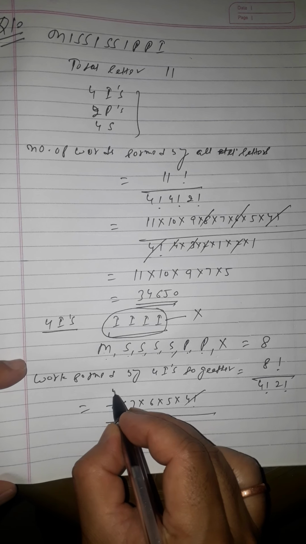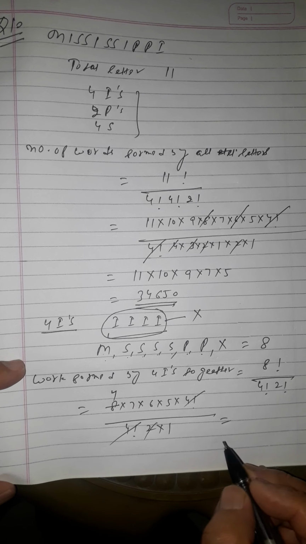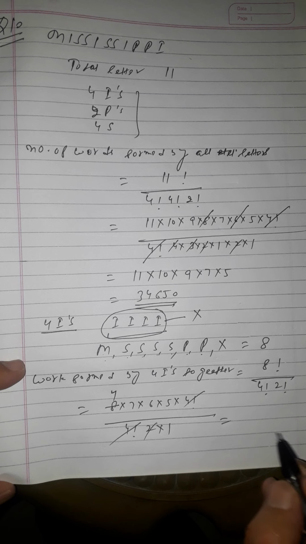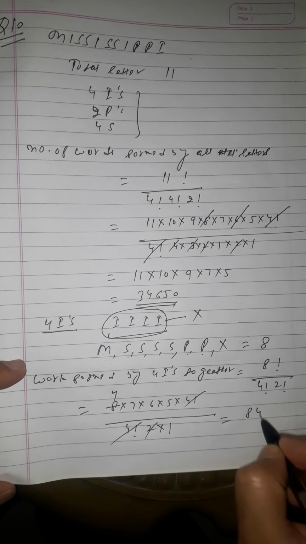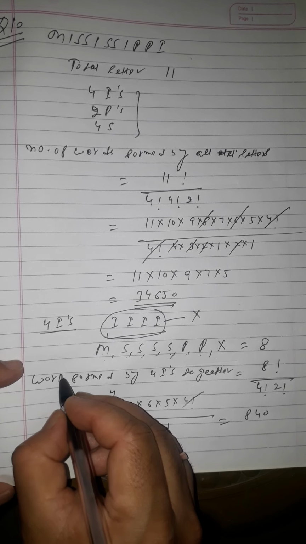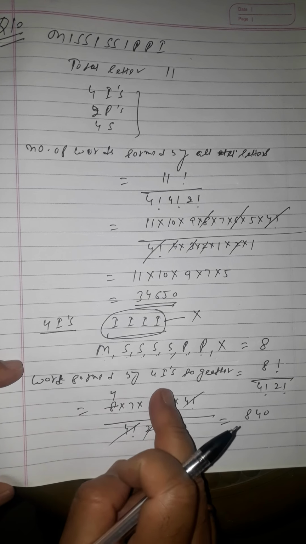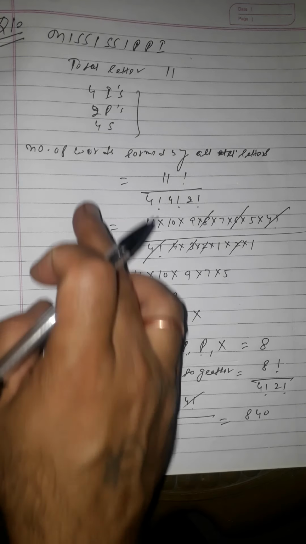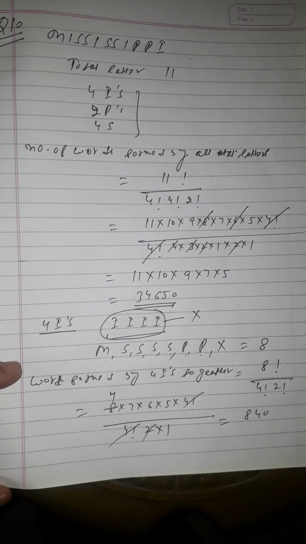So 2 4s are 8, and we will multiply them, and it will come as equal to 840. Now students, this is the number of words formed with the 4 I's together.